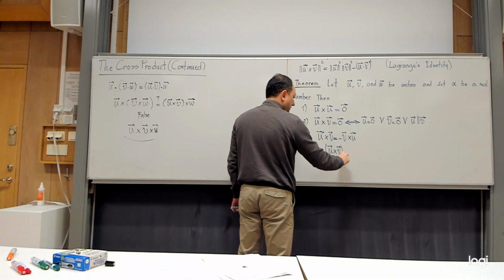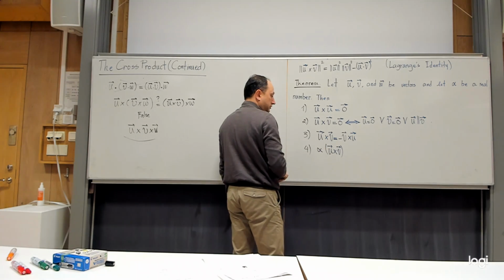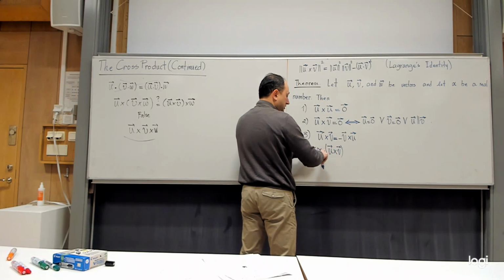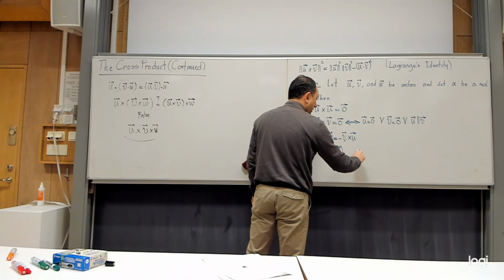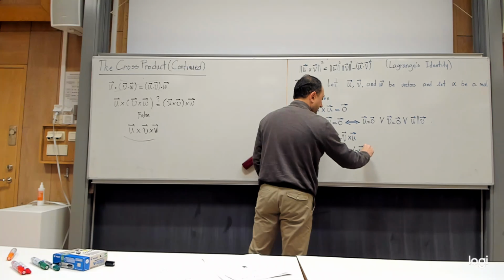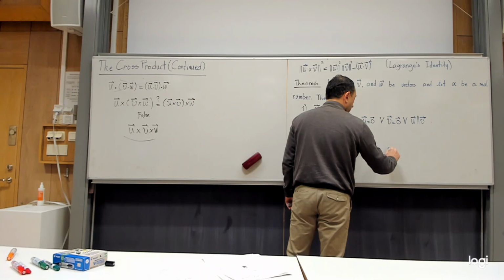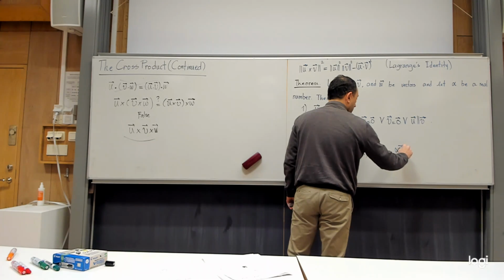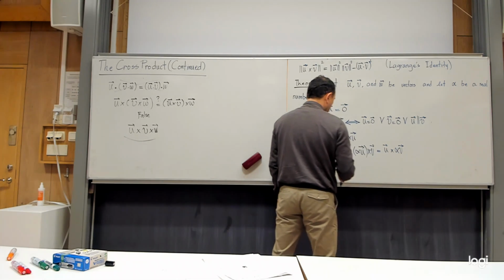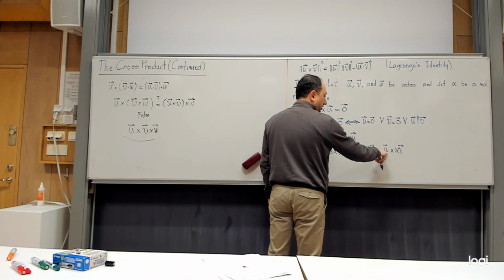And if I multiply this vector by a number, it doesn't matter if I cross product them first and then multiply by my number, or if I multiply the first vector by alpha, produce a new vector, and then cross product this by v, or even multiply my number by the second vector and then cross with u. But I have to keep the order. u is always on the left, v is always on the right, yes?